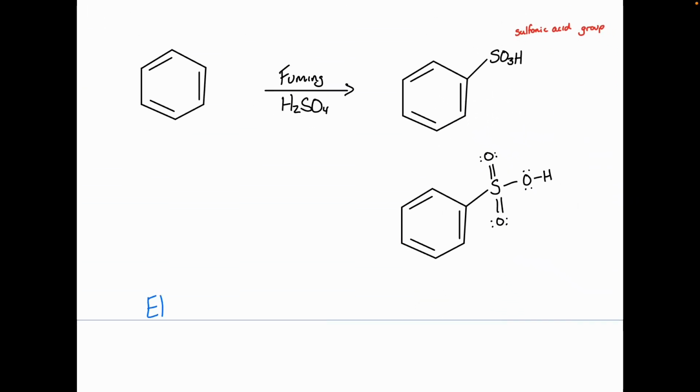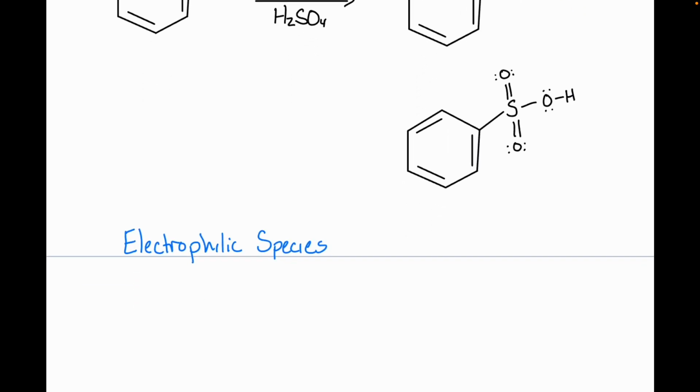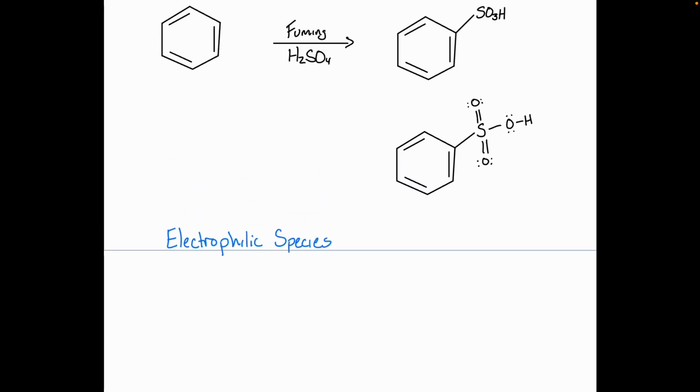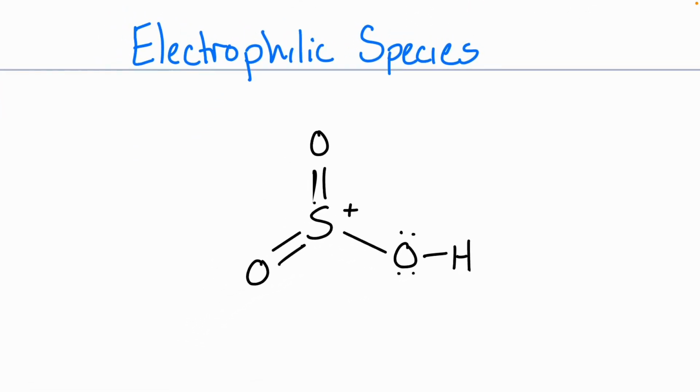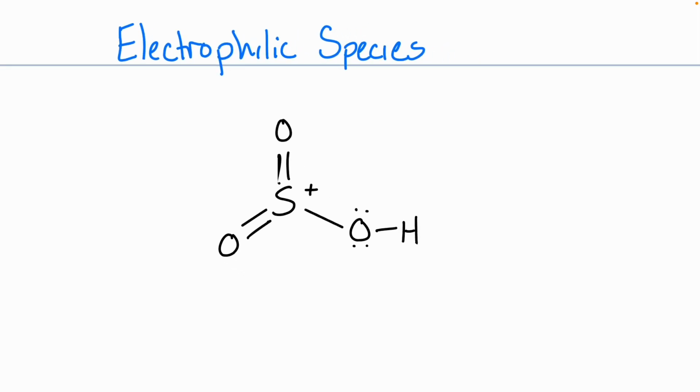If we take a look at our actual electrophilic species here, we see something similar to what we saw with that nitric acid where we formed that nitrogen dioxide, and that nitrogen in the middle was left with that positive formal charge.